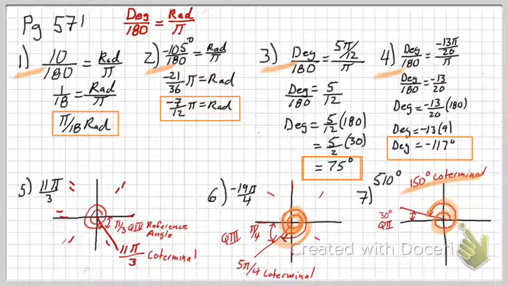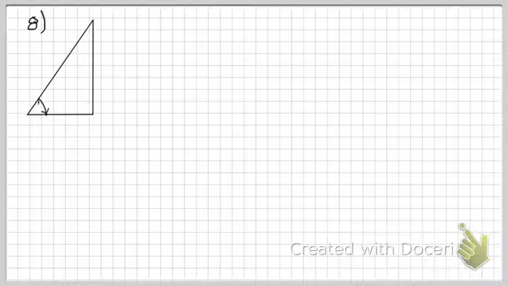That's where the 150 coterminal came from. That is going to be a reference angle of 30 degrees in quadrant 2. And that's going to be super duper important for all of the later problems.